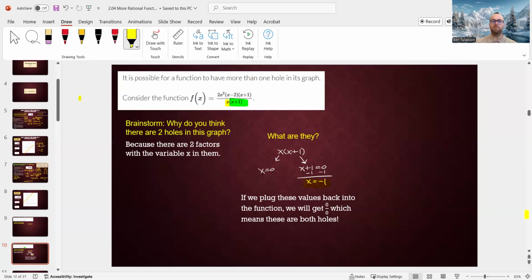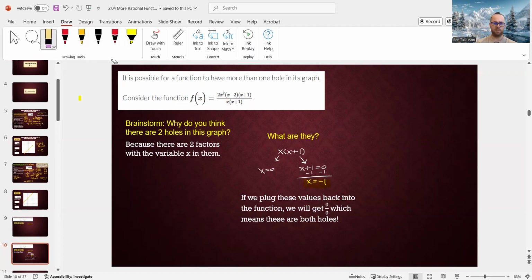Okay? And I'm not going to do all the work here. You could work it out and here you already have some common factors. It looks like it's already factored out. And you could plug those in and you would find that those are both actually holes, okay?